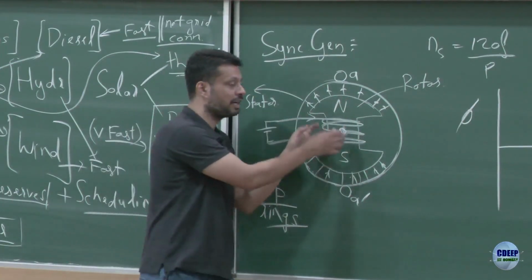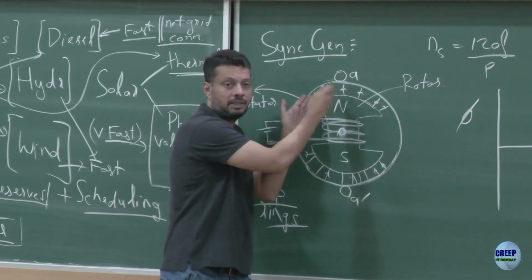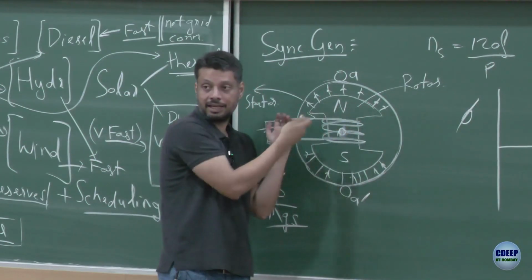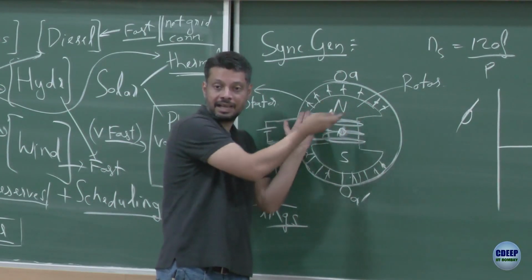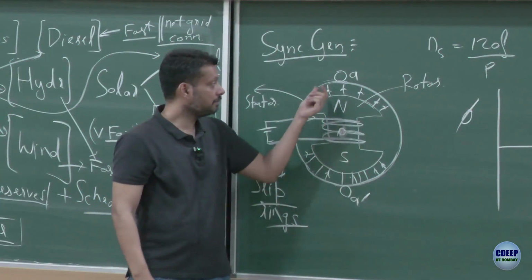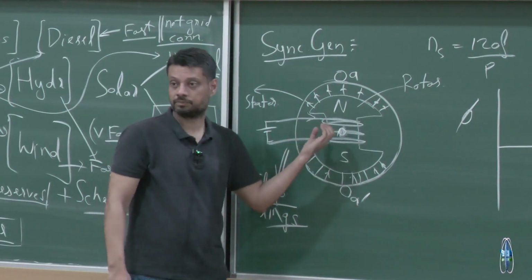That means if this is producing some total flux, that flux will equally divide between this complete region, let us say this is some angle, it will completely divide in this angle. That means now if I am rotating, the increase in the flux is linearly related to the rotation.